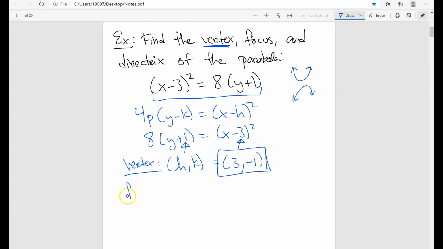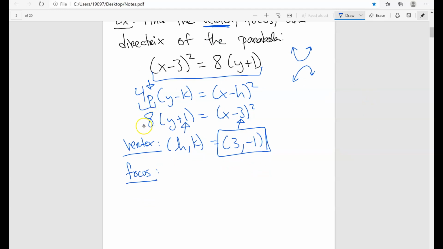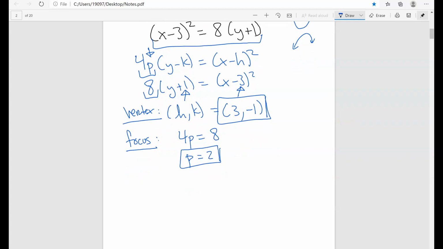Okay, now what's going to be the focus? Well, the focus is going to be whatever this p stuff is. Okay, notice that this guy should equal this guy. So we're going to take 4p and set it equal to 8. So divided by 2, so p is equal to 2. So now remember that if I want to find the focus, let's look at the formulas.